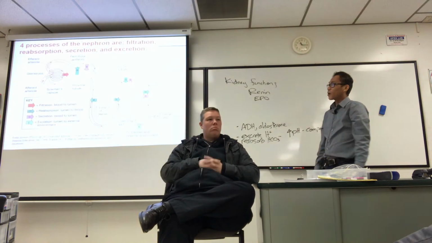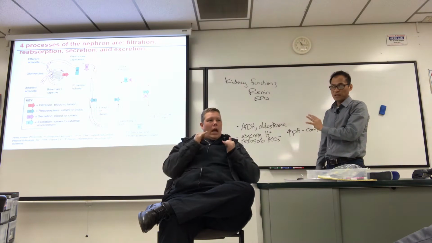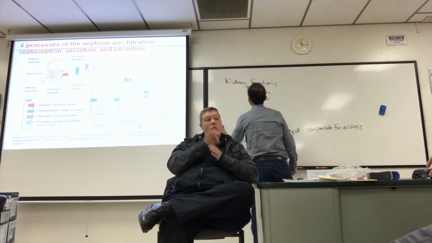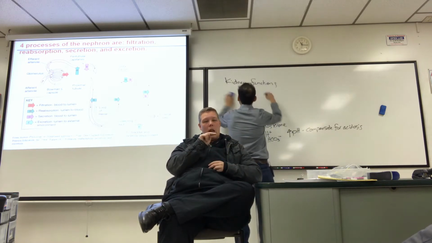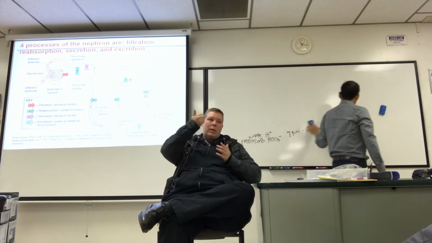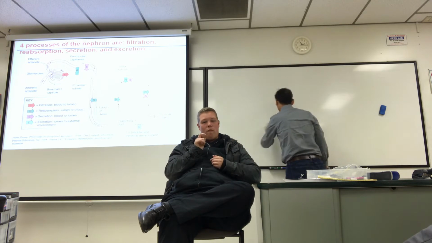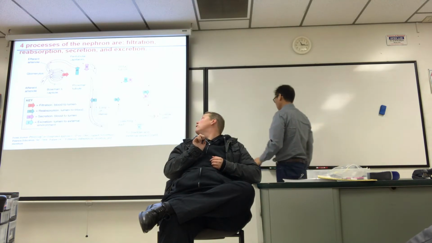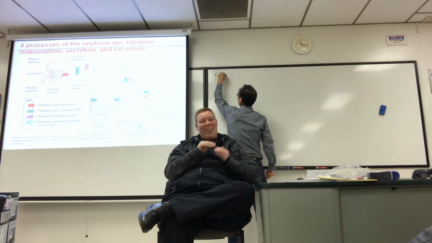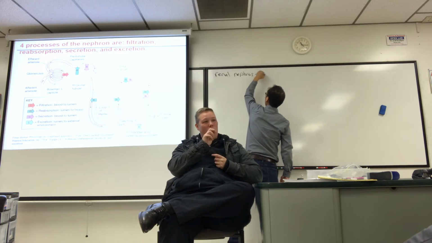Let's get to this part where you look at the smallest functional unit of the kidney. This is called the nephron. Kidney functions can be best understood by studying at the nephron level. So whenever you see the term renal or nephros, those refer to kidney.